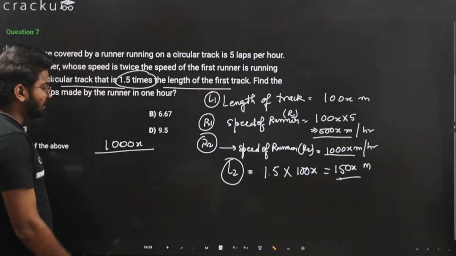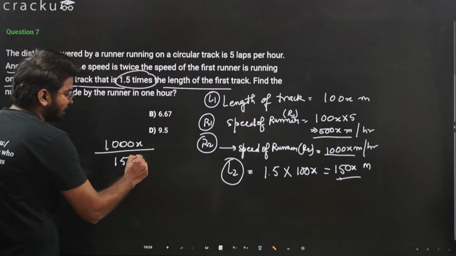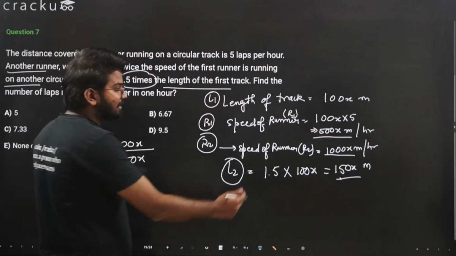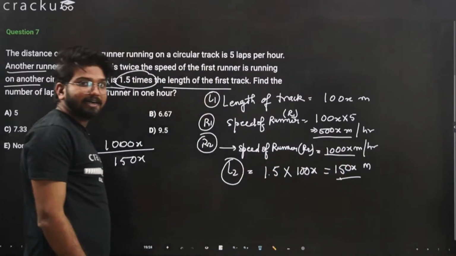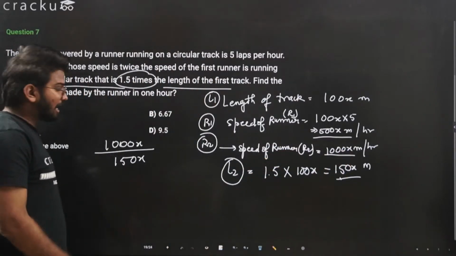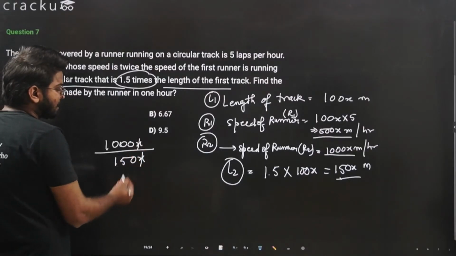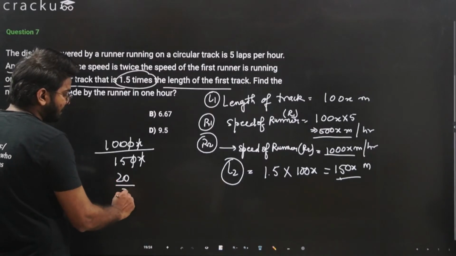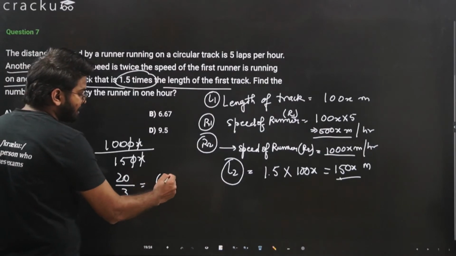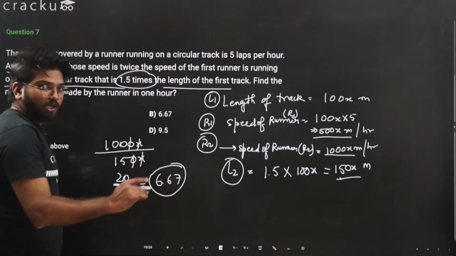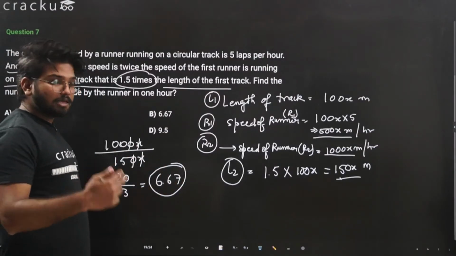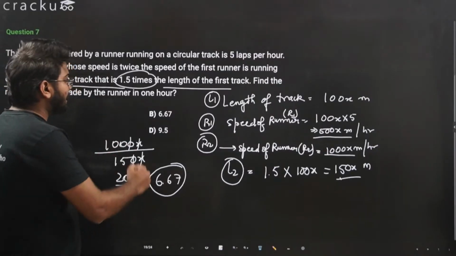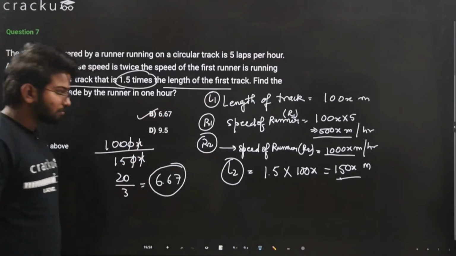We can simply divide it by 150x. So if we divide, x and x will cancel out, so this will be 20 divided by 3, which is equal to 6.67. So in 1 hour runner 2 can run 6.67 laps of the second track. That is option number B.